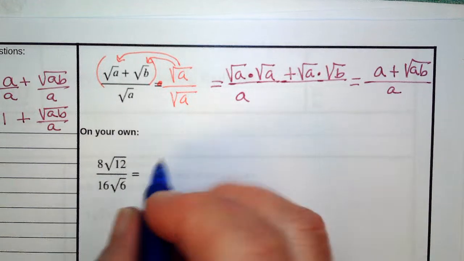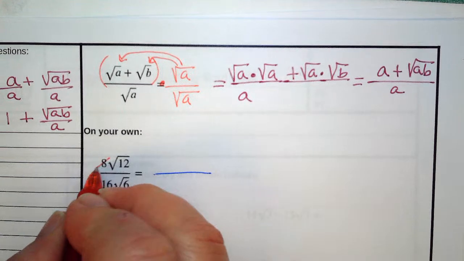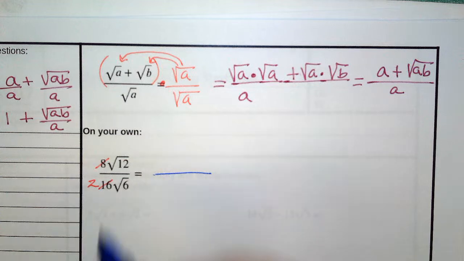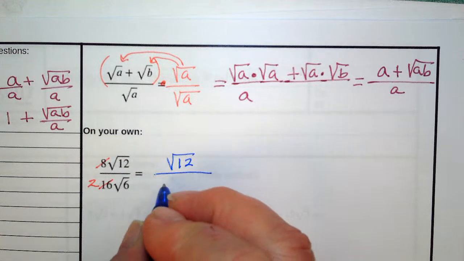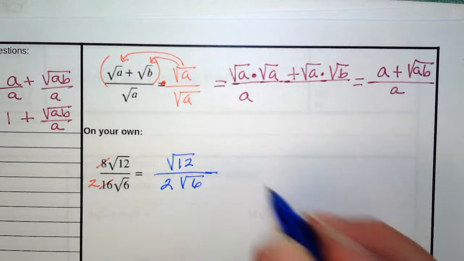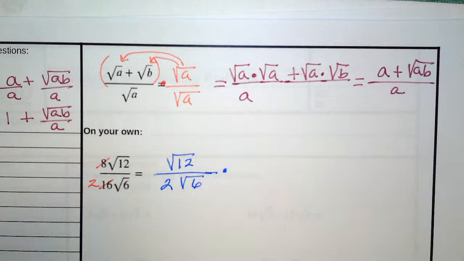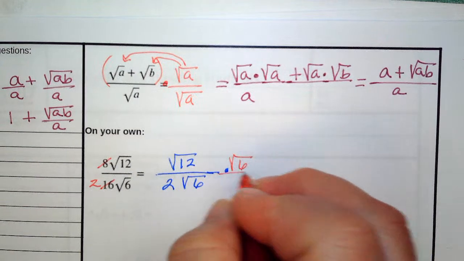The first thing I'm going to do, I know that I can simplify because 8 goes into 16 twice. So I'm going to have the square root of 12, and then I'm going to have 2 times the square root of 6. Not quite done yet because I've got to multiply by the square root of 6 over the square root of 6.